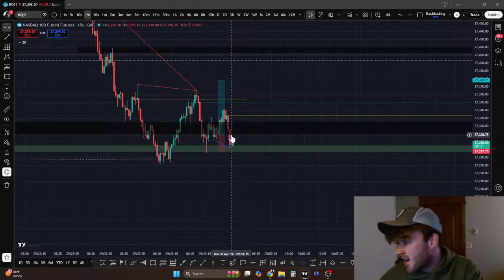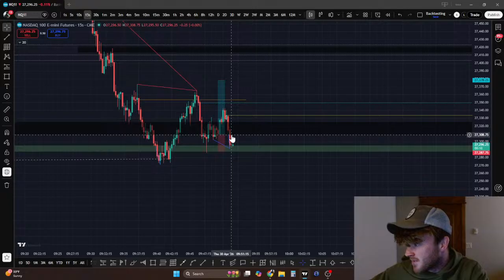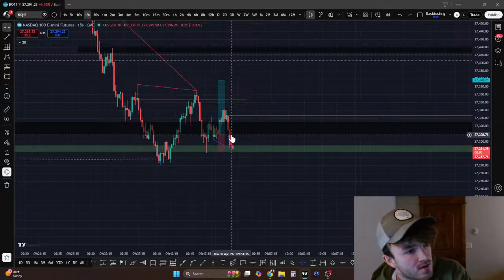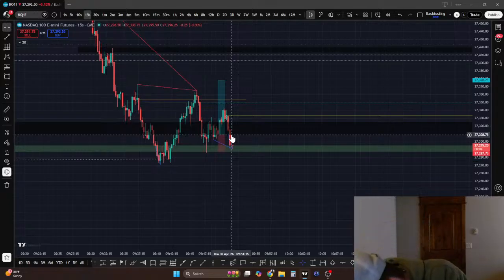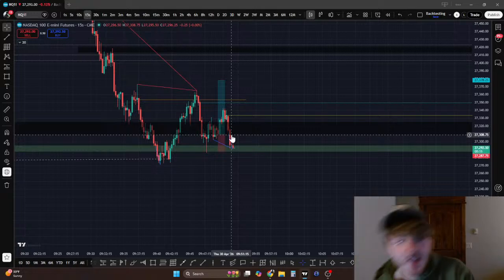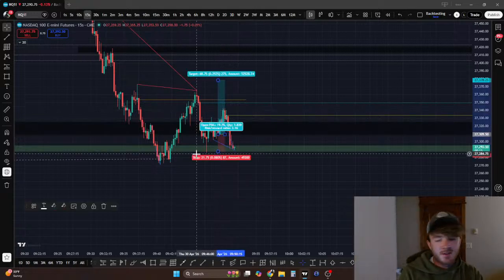Once again, I've not taken a single real trade, not a single one. These have all just been essentially tape reads. I haven't taken a single real trade.